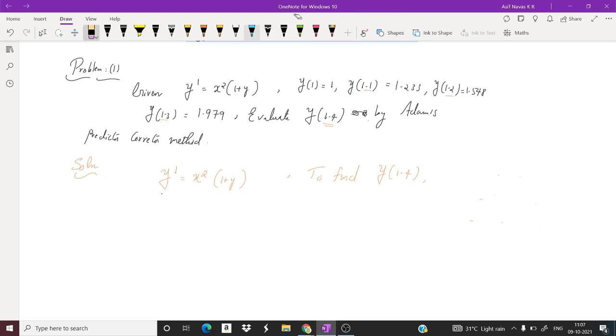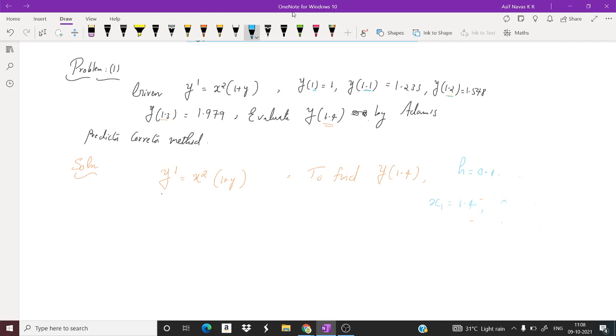Okay, so here the difference between these values is 0.1, so h is equal to 0.1. We have x1 equal to 1.4.